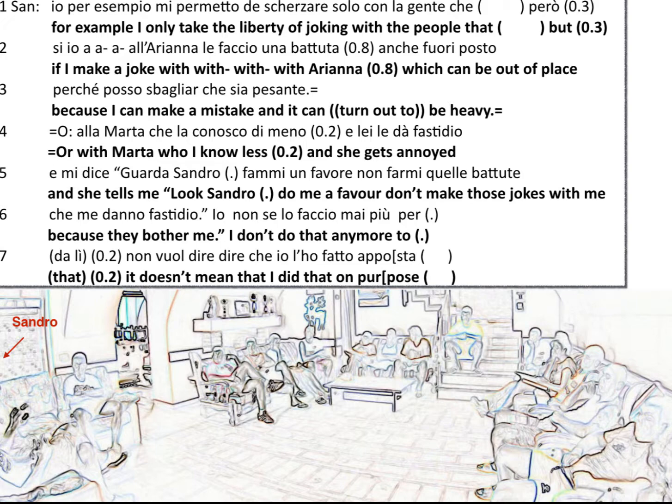But if I make a joke, say with Arianna, a staff member, she's in the room, a joke which can be out of place because I can make a mistake, and the joke can turn out to be heavy, or with Marta, other staff member, the person who was setting up the camera. I know her less, and she might get annoyed, and she might tell me, "Look, Sandro, do me a favor, don't make those kinds of jokes with me because they bother me, so I don't do those jokes anymore."